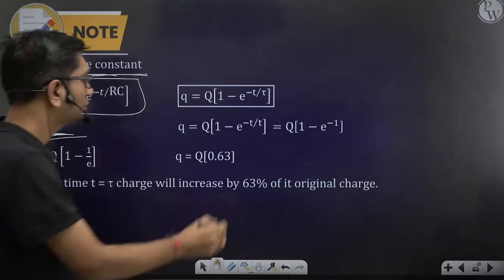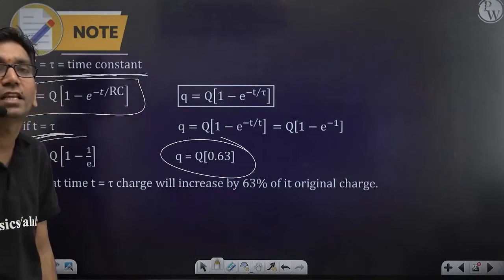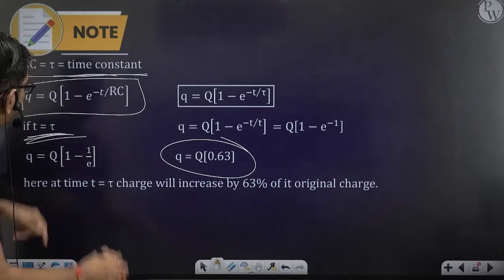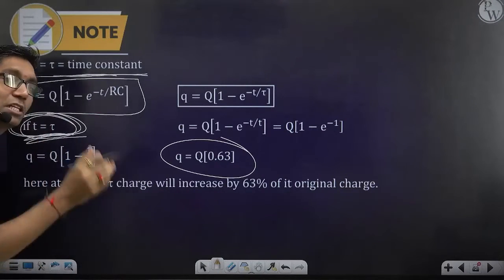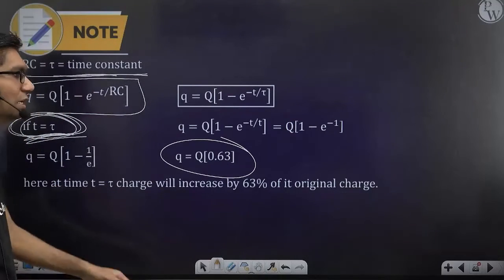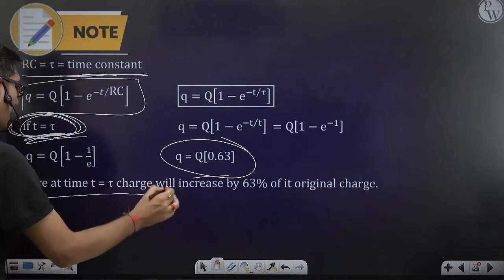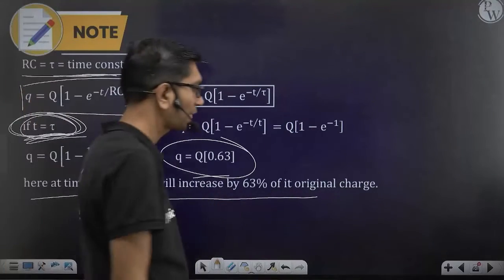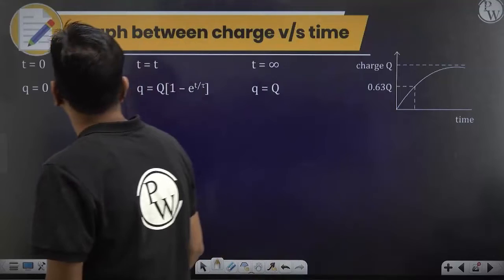It is 0.63. It increases nearly 63%. At time t equal to tau, the charge will increase by 63% of its original charge.